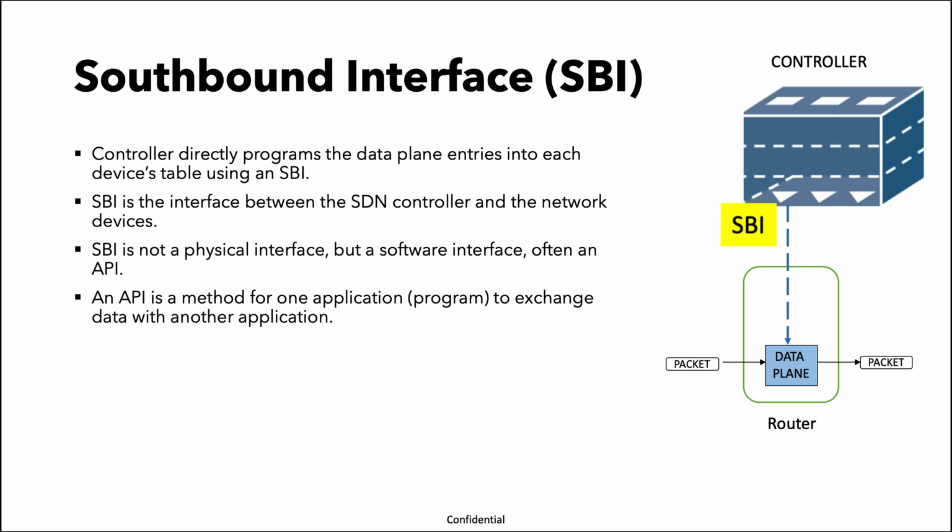In case you do not know what an API is, it is a method for one application program to exchange data with another application program. It is like an interface to an application program. So two programs, as I said, one on the controller and another on the router, can exchange data using an API.